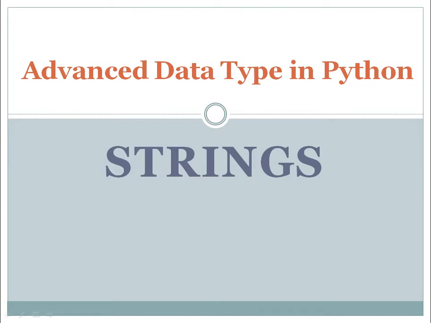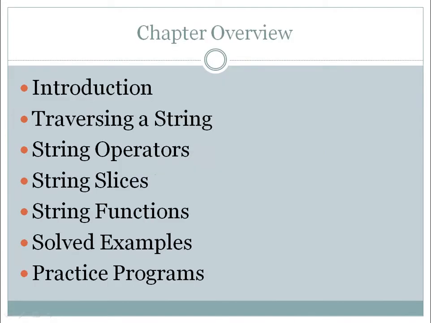In the previous chapters, we have discussed the conditional statements and iterative statements or loops. In this chapter, we will be discussing the advanced data type in Python, that is string. Let us see what all we have in this chapter in your syllabus.